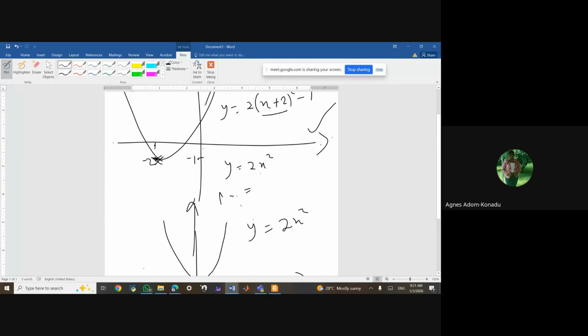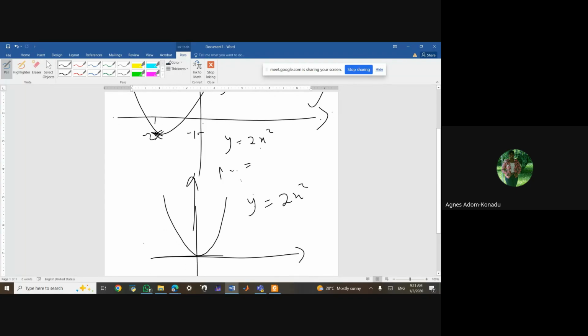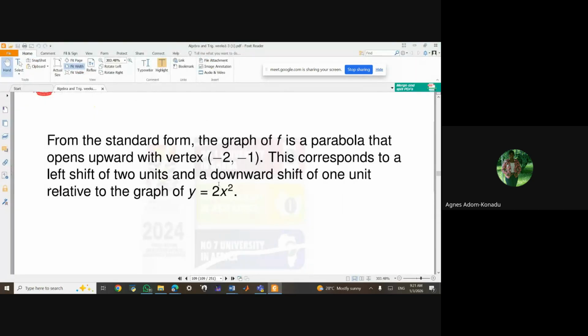The original one is at 0, 0, but this one has come down. So it means that it has shifted 2 units to the right and then 1 unit downwards. So that's what we are describing here. It says that this corresponds to a left shift of 2 units and a downshift of 1 unit relative to the graph y is equal to 2x squared.